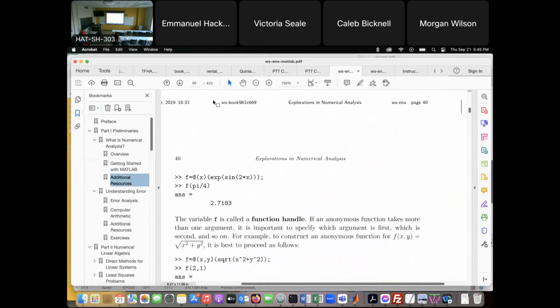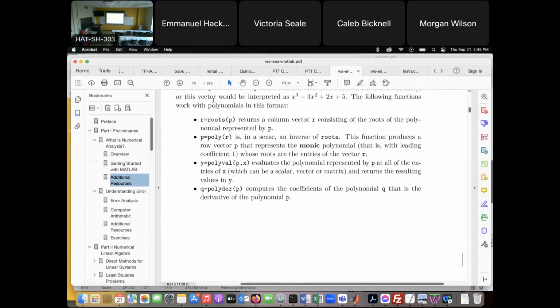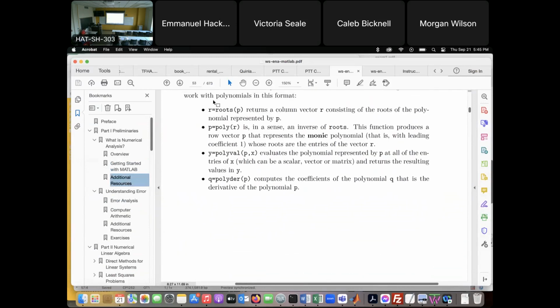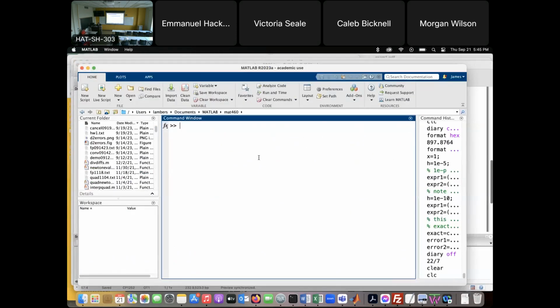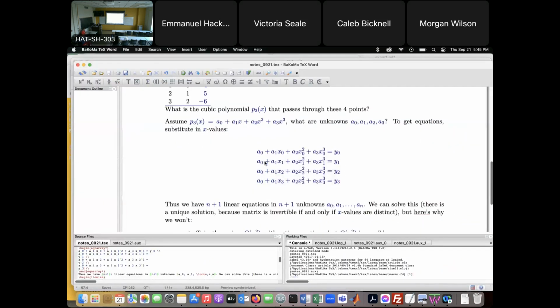I have a list here in the tutorial of polynomial functions, but it isn't in this list because it wasn't part of the tutorial. I will show it to you later. There's a MATLAB function called polyfit. You give it a vector of x values, a vector of y values, and a degree, like a maximum degree, and it will compute the interpolating polynomial for you.